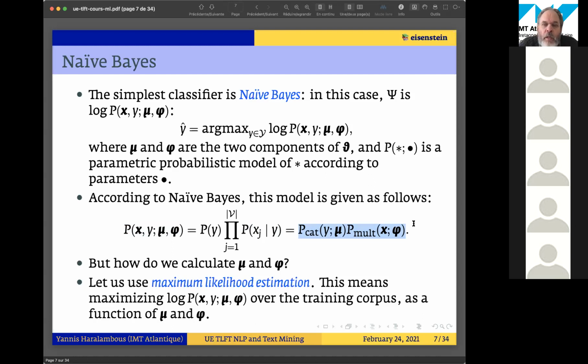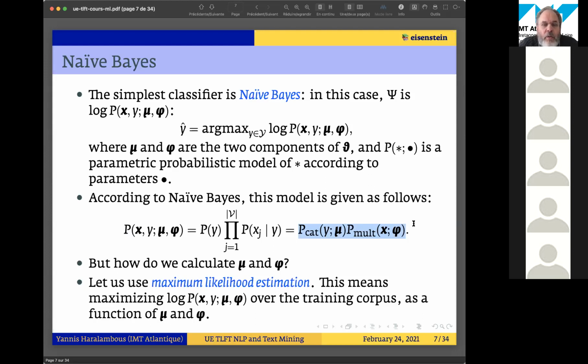So how do we calculate mu and phi? Once we have chosen a probabilistic model, how can we obtain the best possible values of mu and phi so that our model is the closest possible to the real case and our predictions are the best possible? For this, we will use something called maximum likelihood estimation. So maximum, what is likelihood?